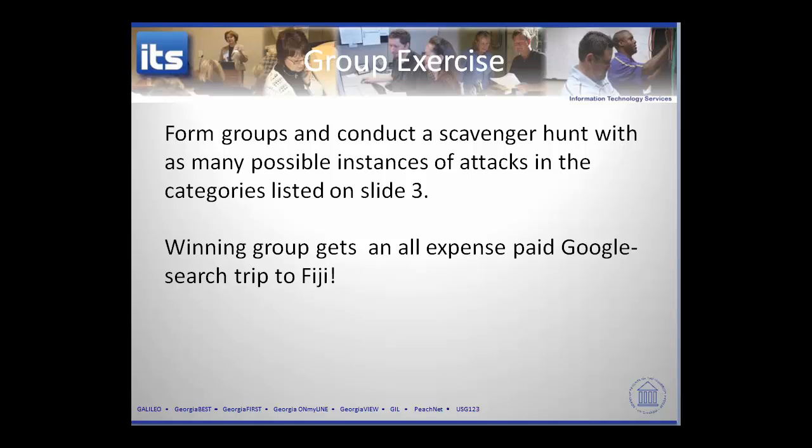And what you're going to do is a scavenger hunt for as many possible instances of attacks based on the categories that we talked about earlier on. And what I'm talking about, where it's referring here to slide 3, is those notorious attacks associated with those 18 notorious attacks. Here, let me bring them up again for you so that I can refresh your memory.